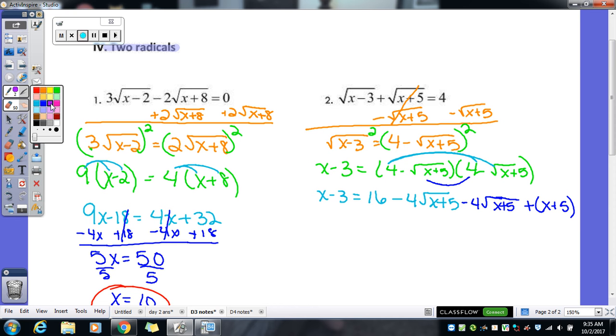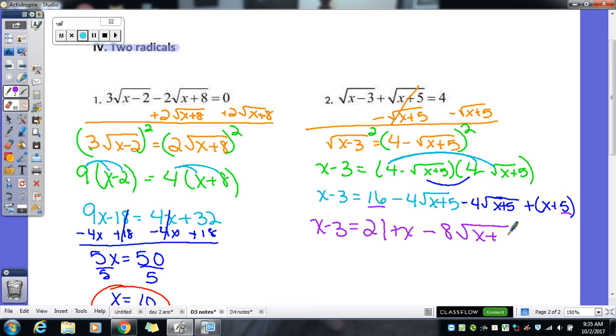So now combining our like terms, we would get x minus 3 equals 16. Well, no, not 16, because we got to do the 16 plus the 5. So 16 plus the 5 would give us 21 plus the x minus the 8 radical x plus 5, because the negative 4 plus the negative 4 would give us the negative 8.